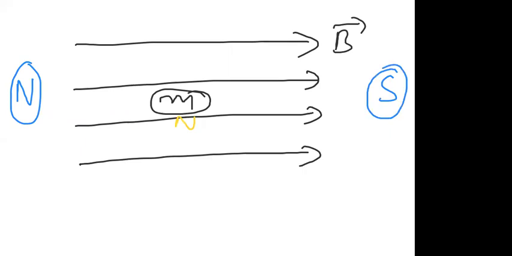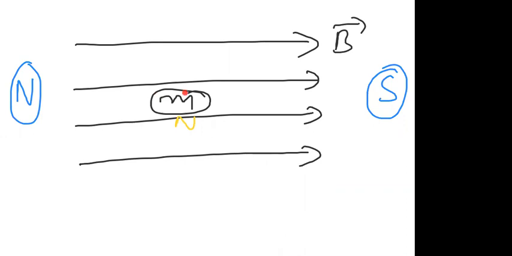So I have drawn uniform magnetic field lines like that, directed from north to south. A uniform field is indicated by straight and parallel lines. This indicates a uniform magnetic field.